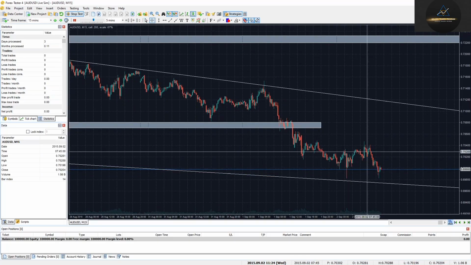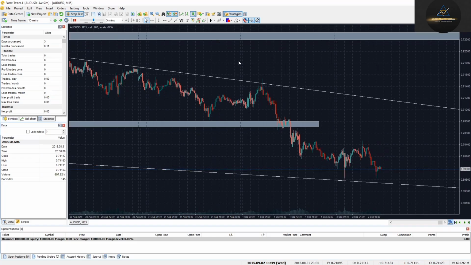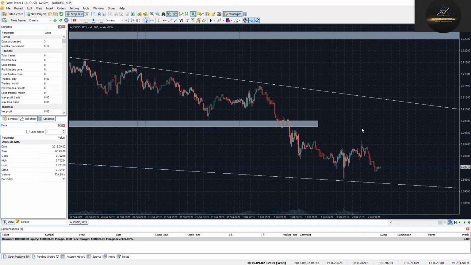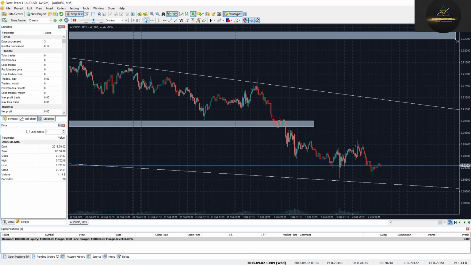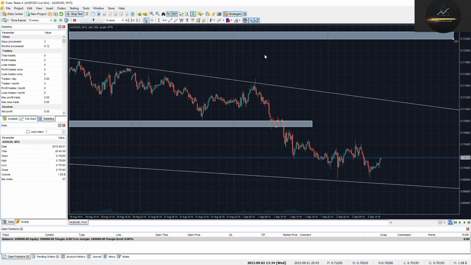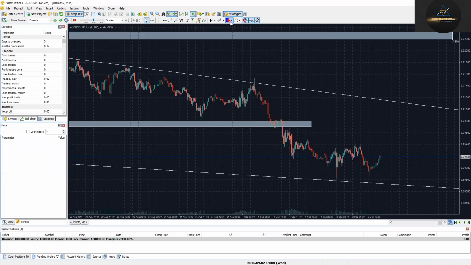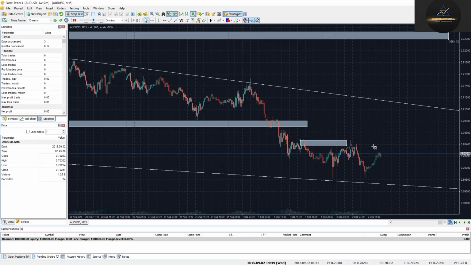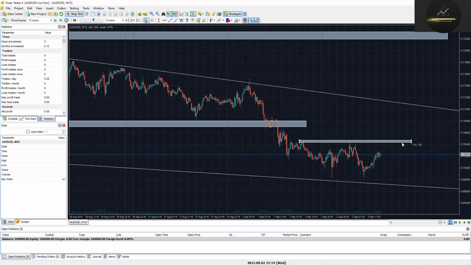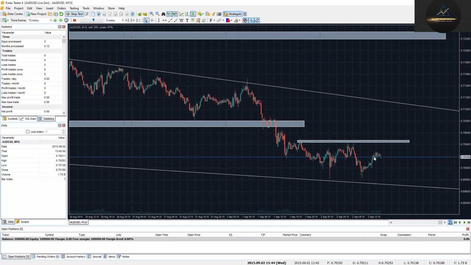So if we get a strong break of structure here, let's see if I can... How do I do the shortcut to rectangle? I don't know. All right, so you see these equal highs here. I'd like to see those get taken out.